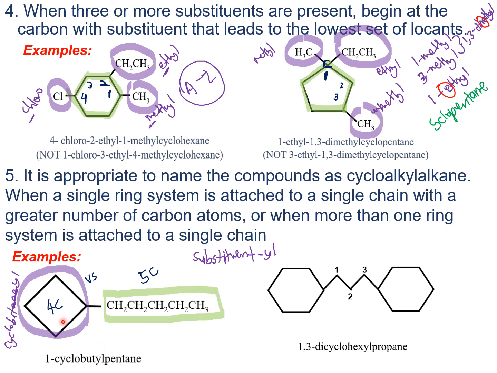Since the cyclobutane becomes a substituent, when you number, you number your parent straight chain. It's going to be carbon number 1 at the front, because it is closest to the substituent. So that's why it becomes 1-cyclobutylpentane. Why YL? Because the cyclobutane has become a substituent. It is no longer the parent.